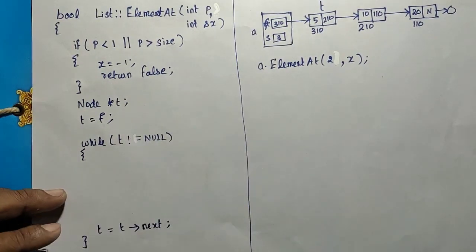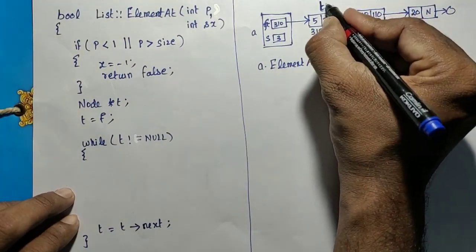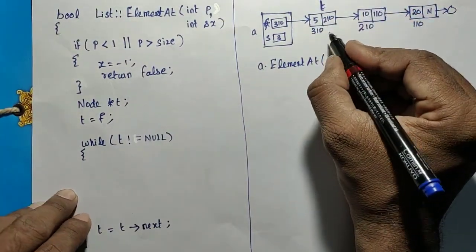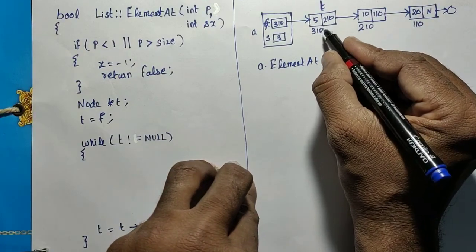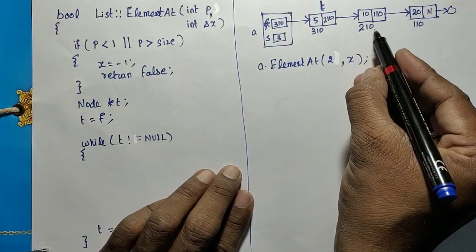So that will get executed continuously. While pointing to the T, we are not maintaining any separate index or position for a node. But I need the element which is there in the second one.